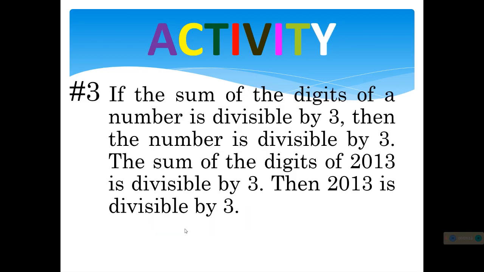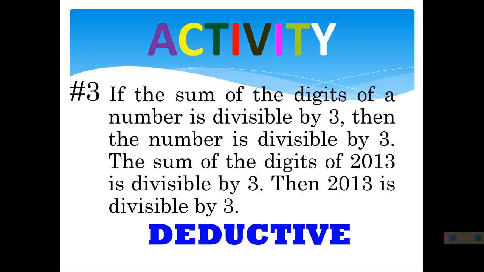Next, number 3. If the sum of the digits of a number is divisible by 3, then the number is divisible by 3. The sum of the digits of 2013 is divisible by 3. Then, 2013 is divisible by 3. What kind of reasoning do we have here?